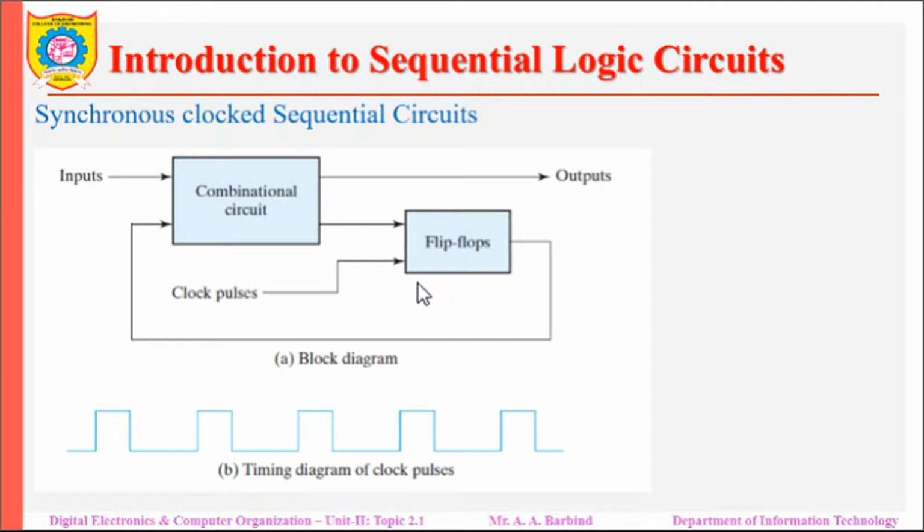The flip-flops will not change their state in between these edges. If it is positive edge triggered, then it will change the state at this positive edge or this positive edge, but within these edges it will not change its state. So this is the synchronous clocked sequential circuit.